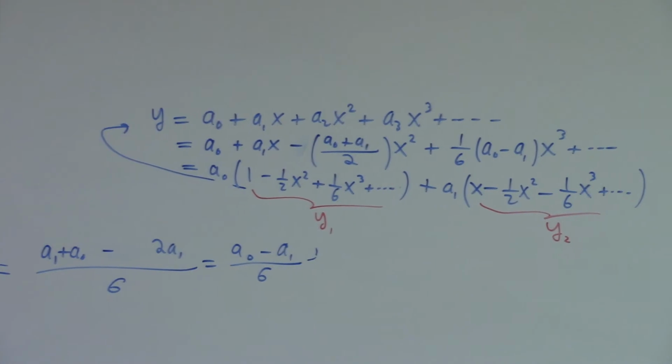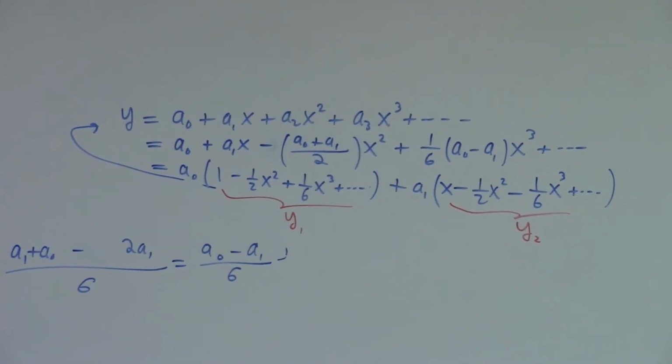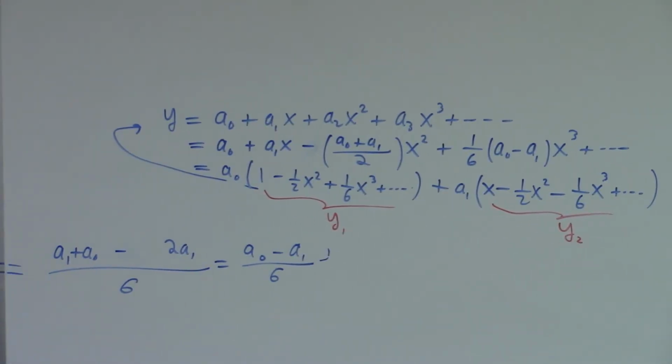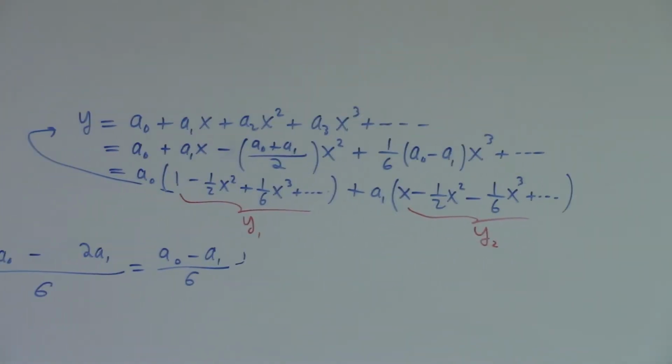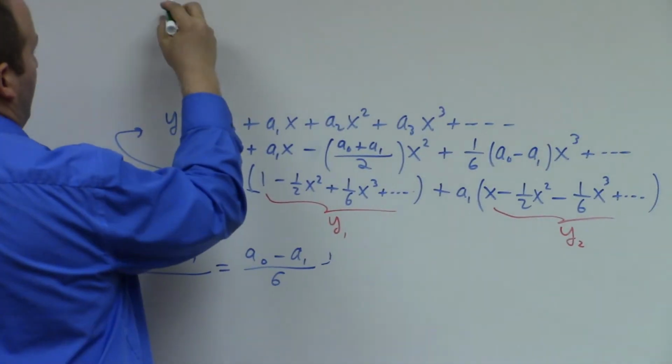In terms of raw calculation, there's another trick you can do. If you're given initial conditions, you can build them in, like another use of Taylor's theorem.